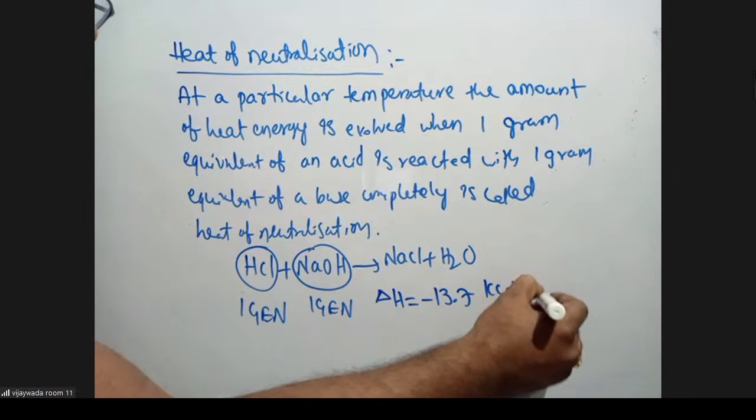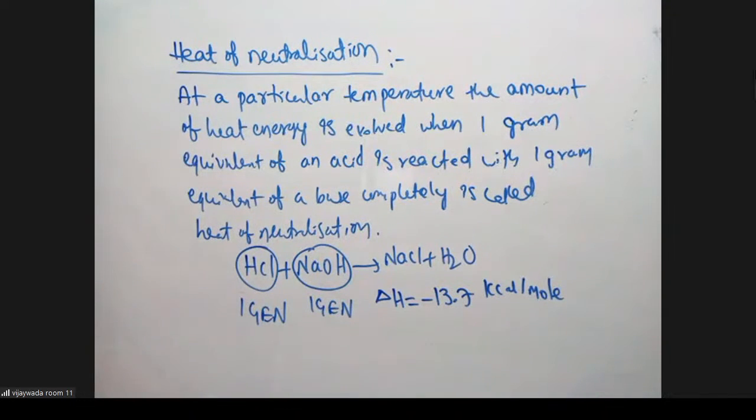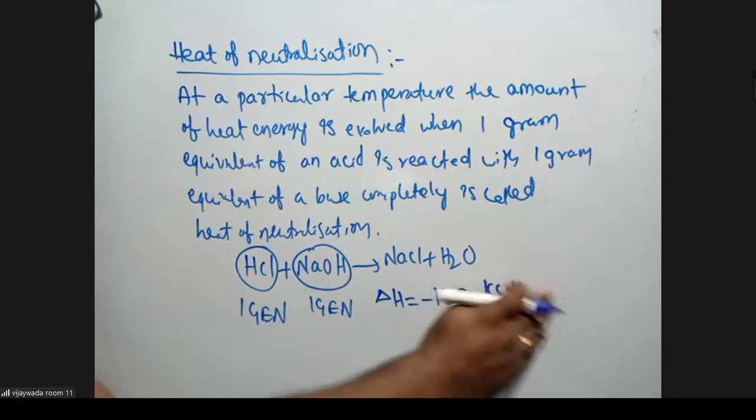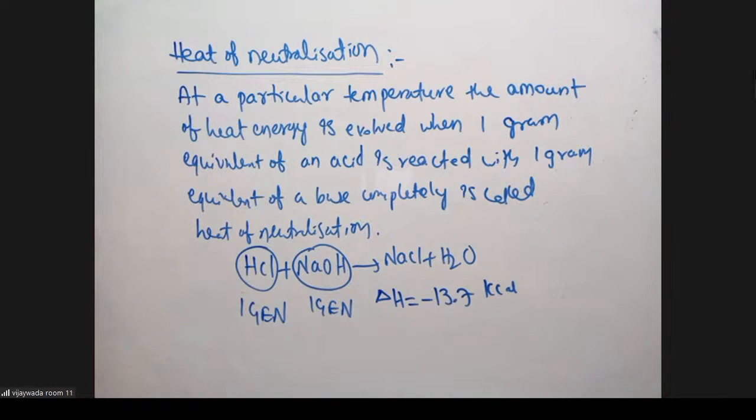Simply not per mole, kilocalorie per gram equivalent. Students, for any strong acid and strong base, 1 gram equivalent each reacting together, delta H of neutralization is minus 13.7 kilocalories or minus 57.3 kilojoules.